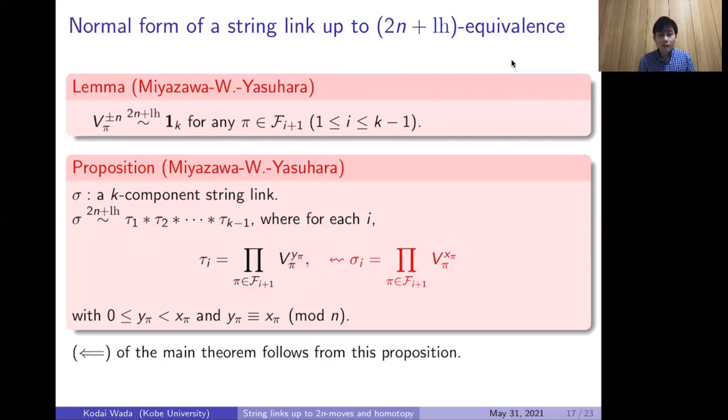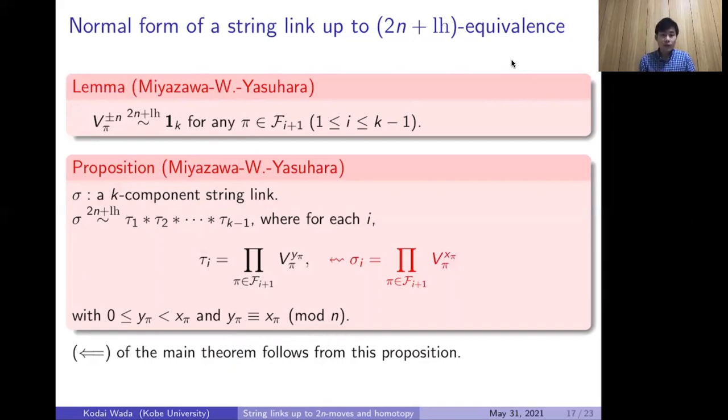We note that the difference of tau_i and sigma_i in Yasuhara's normal form is the exponent of b_pi, this and this. And where the exponent y_pi is a non-negative integer, which is less than x_pi, such that y_pi is congruent to x_pi modulo n.